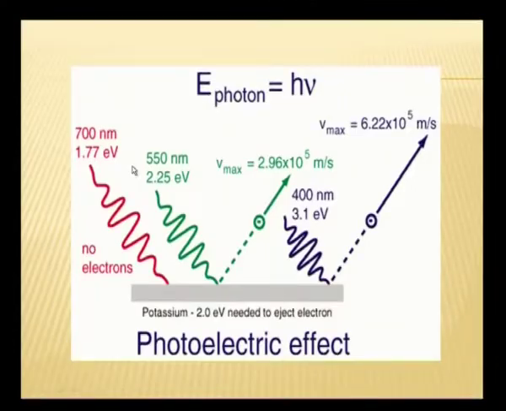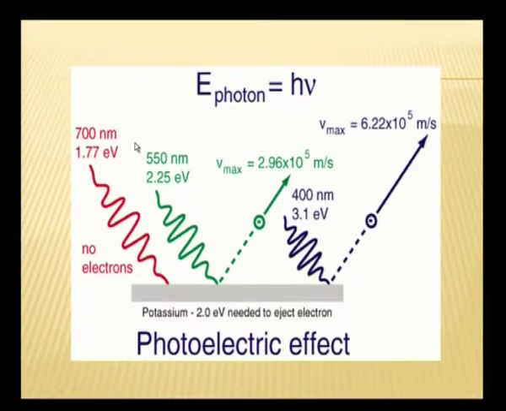So, a metal plate like potassium, when exposed to light of wavelength 7000 angstrom units, does not give electrons. Electrons will refuse to come. There are free electrons in every metal, potassium will have free electrons, but the electrons will not be coming out. On the other hand, you go from 700 nanometers and reduce the wavelength.